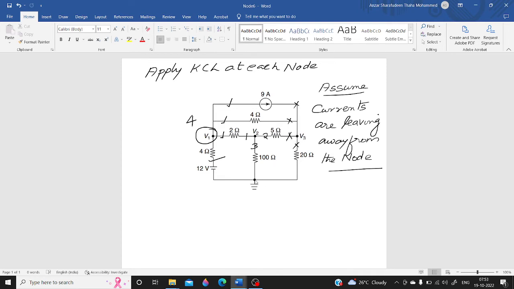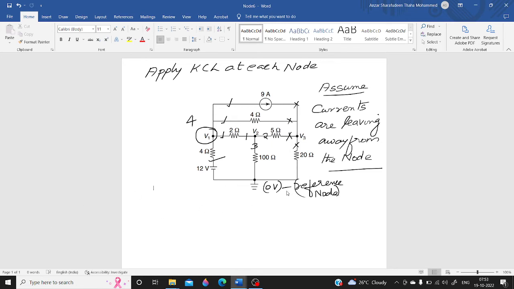And there is another node, which is the reference node. All these three branches are connected to this point. So this point is at zero potential. This is a reference node, and we assume zero potential for this reference node.